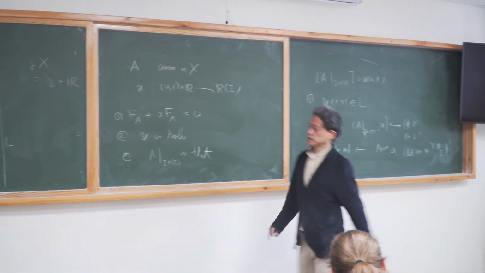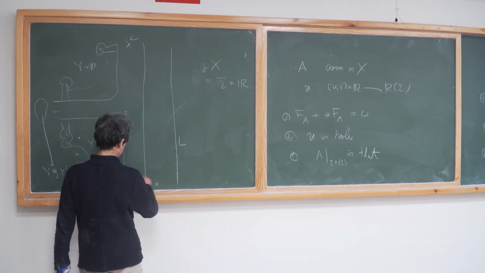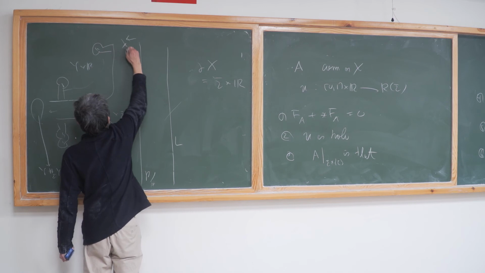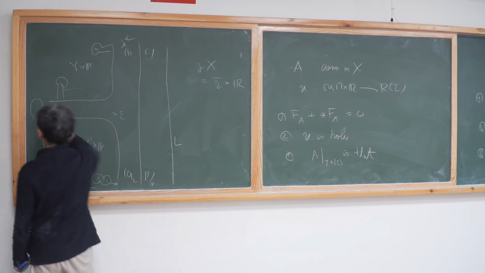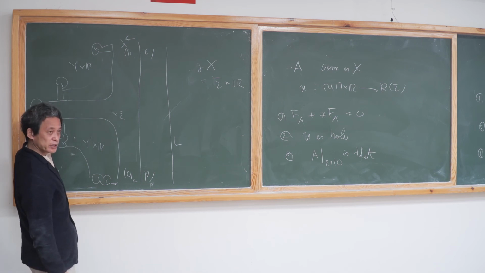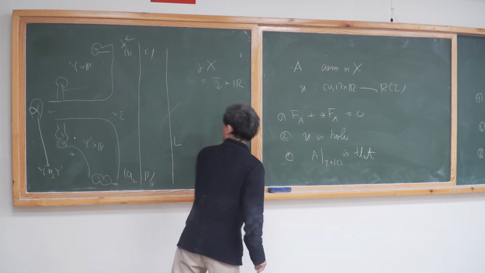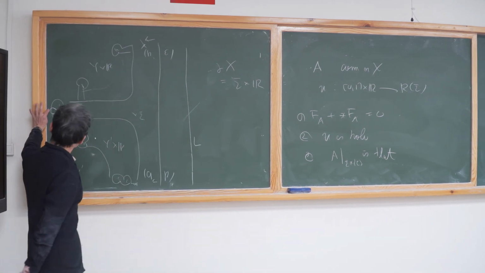The picture is that we have this pair A, P, and you have B, Q, and you have this R. So you have the three boundary conditions at infinity.